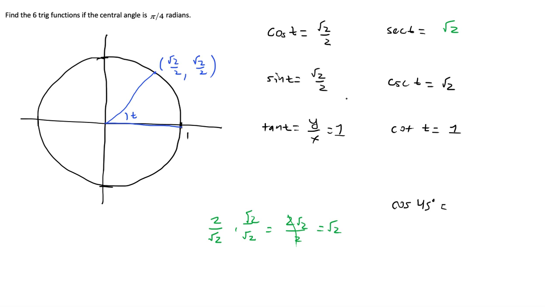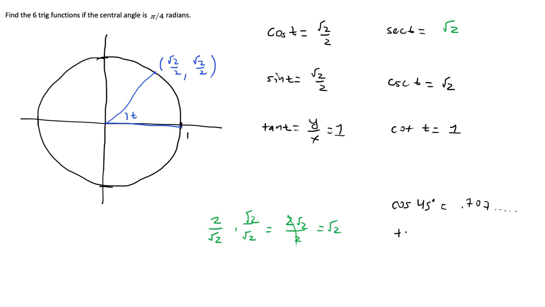If you type in rad 2 over 2, as a decimal we get 0.707 and some change after that. So rad 2 over 2 as a decimal number is actually 0.707. So the cosine of 45 degrees is 0.707. That is the actual number you would get.